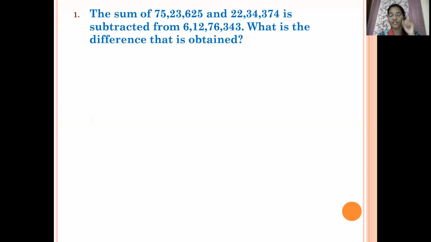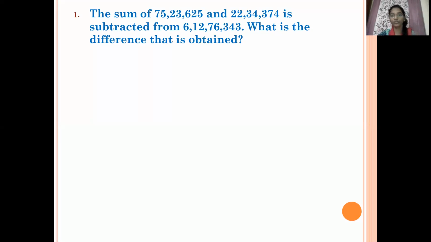Here the first statement says the sum of the first large number and the second large number, but the sum is not given. So the first step, you need to find the sum of the first two large numbers. The sum is subtracted from the next number, that is 6,12,76,343. And the question is, what is the difference that is obtained?